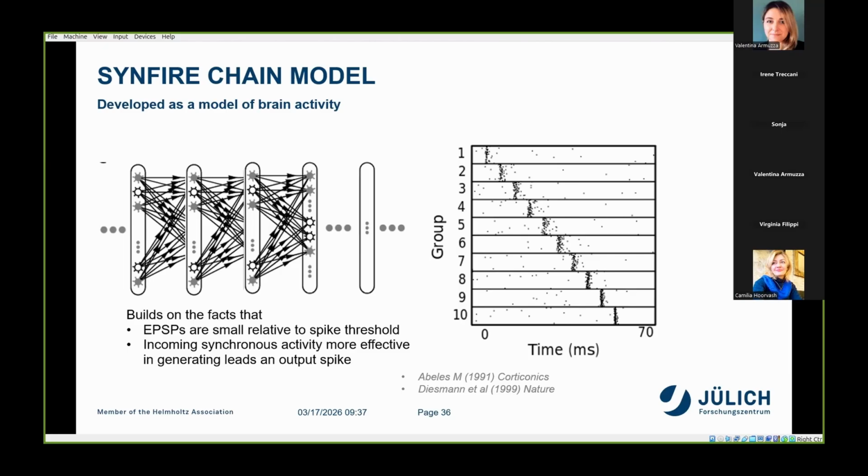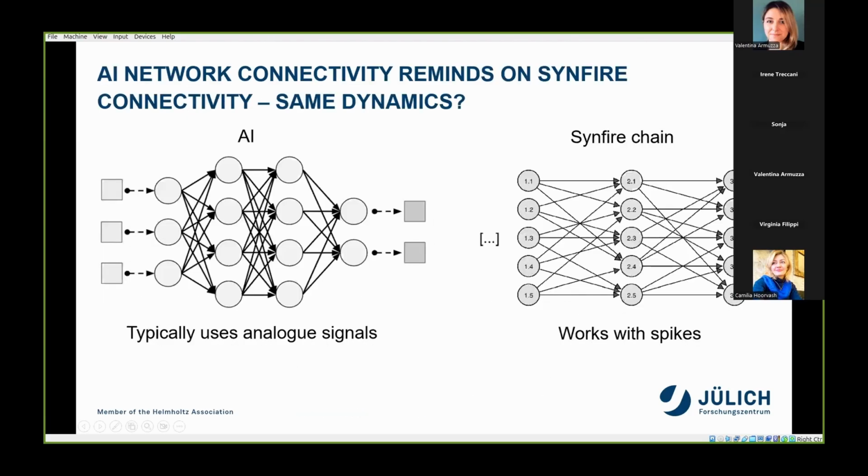You need many neurons synchronously to get across the threshold. And this people call a coincidence detector. You may have heard about it. And this is, so to say, the effect here. You have more or less through the connectivity automatically synchronous activity, and you hardly can avoid such a propagation of synchronous activity.